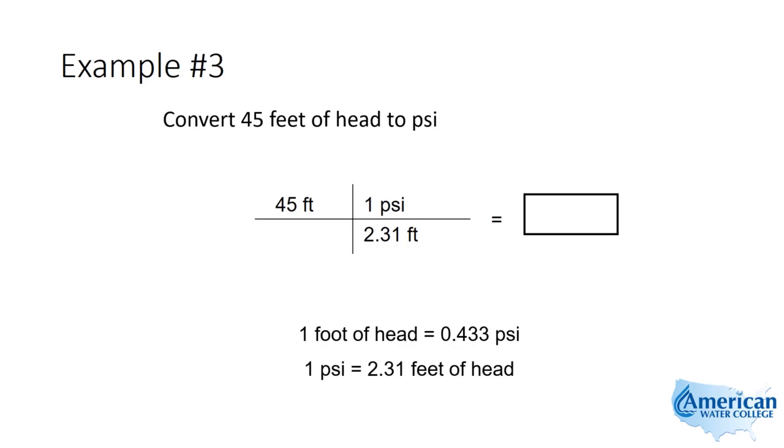So in this case, we would take 45 and divide it by 2.31. The units will cancel just like before, and you're going to come out with the same answer, 19.5 psi. So whether you use the equivalent 1 foot is 0.433 psi or 1 psi is 2.31 feet, they both work. It's just you have to keep the units straight so that you know whether you're dividing by 2.31 or multiplying by the 0.433.